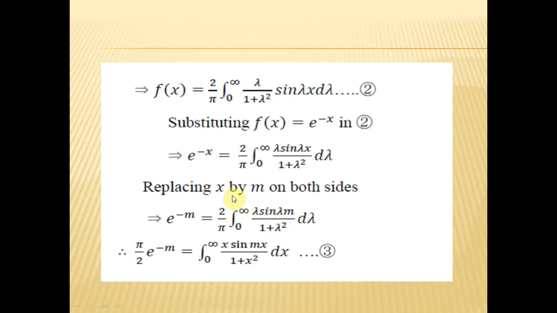We are replacing this x by m in this equation, and we are reaching this result, which is the same as integral over 0 to infinity x sine mx by 1 plus x square dx is equal to pi by 2 e raised to minus m, where we are replacing this lambda by x. So to prove the result, after taking the inverse Fourier transform, we are replacing lambda by x and x by m, so that we are reaching the required result.